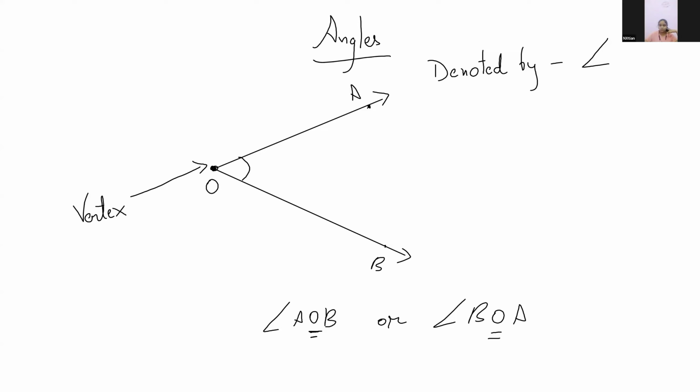No, Abraham, you can name it with any alphabet, but O is the most commonly used alphabet for angles. Other alphabets like B, E, Y are also used. That is not an issue.